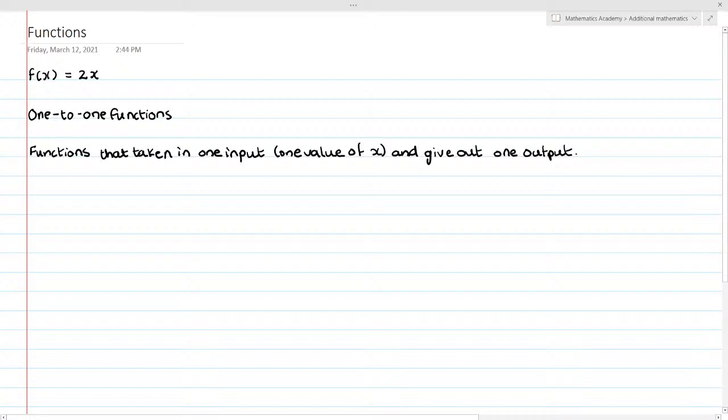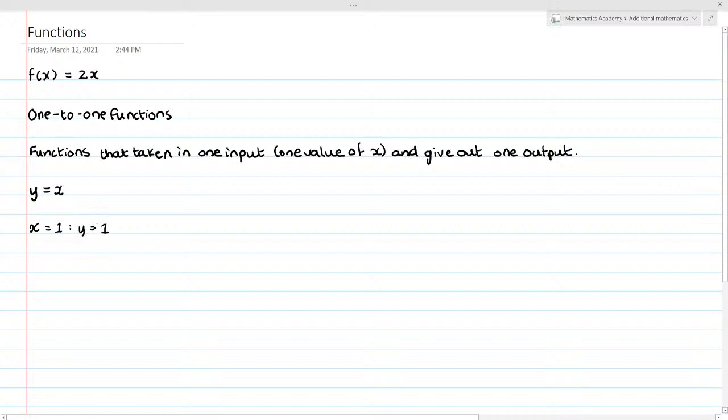Well, one example we can look at is the function y equals x. This function, for every value of x, I only get out one value of y. For example, when x is equal to 1, y is equal to 1.